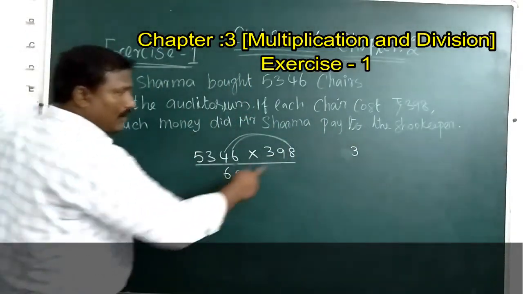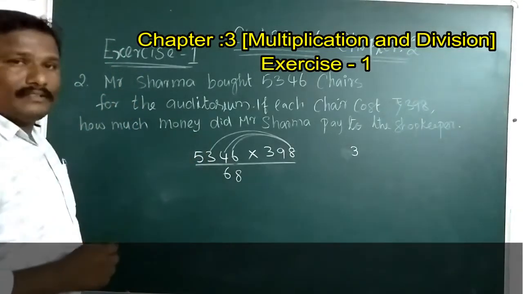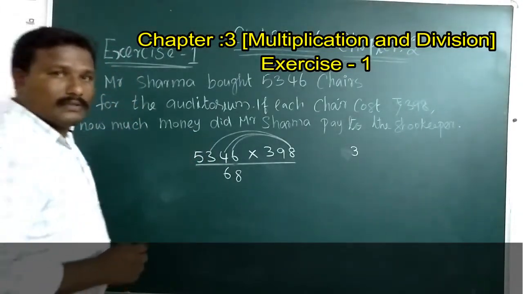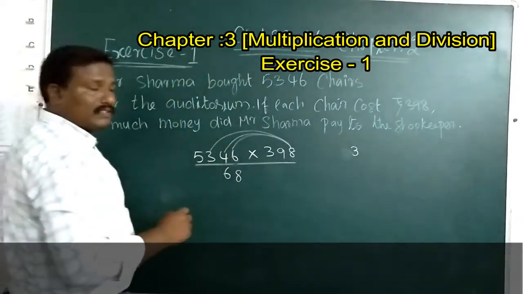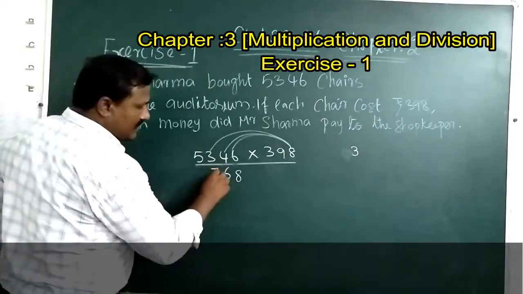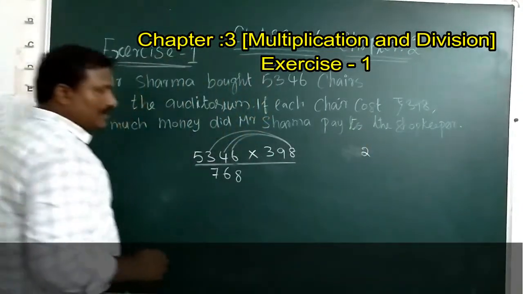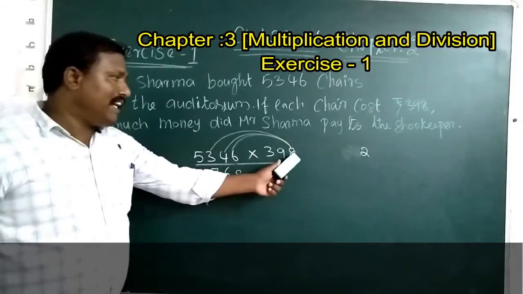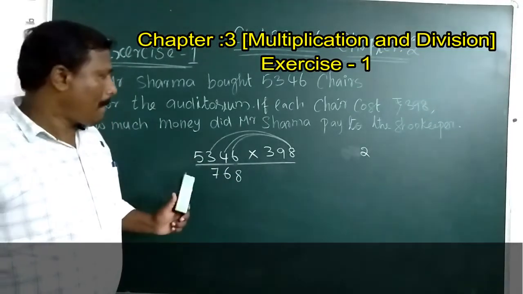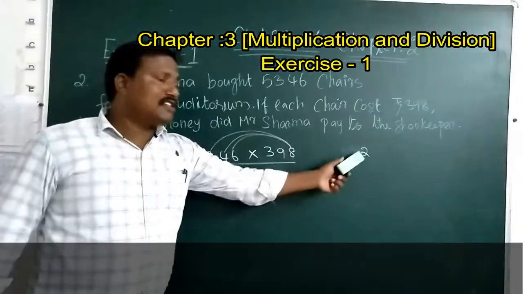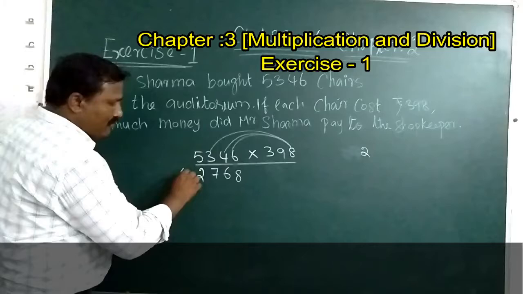Now 8 into 3, 8 3s are 24. 24 plus 3 is 27. So 7 here, remainder 2. Then 8 into 5, 8 5s are 40. 40 plus 2 is 42. So put 2 here, then 4 outside.